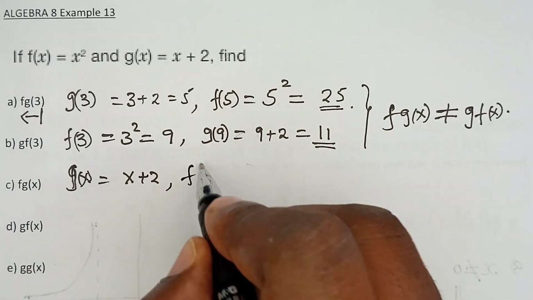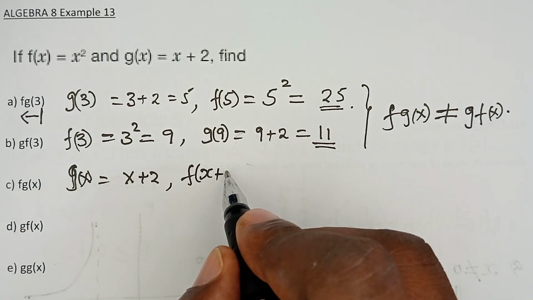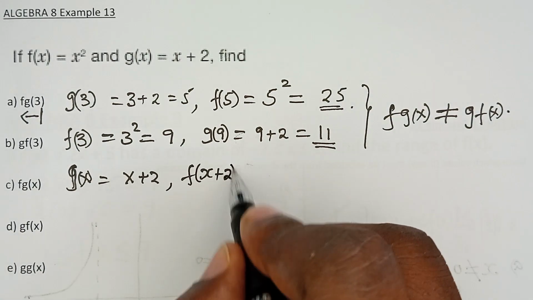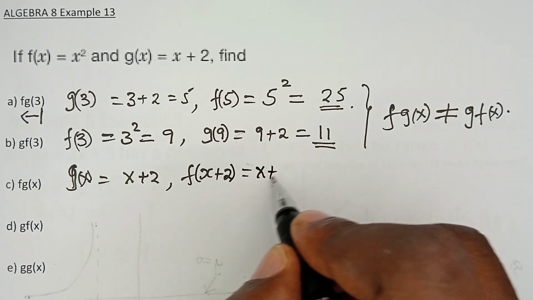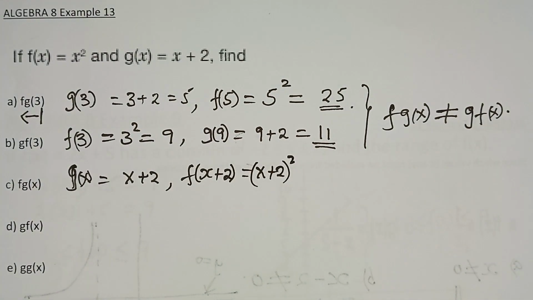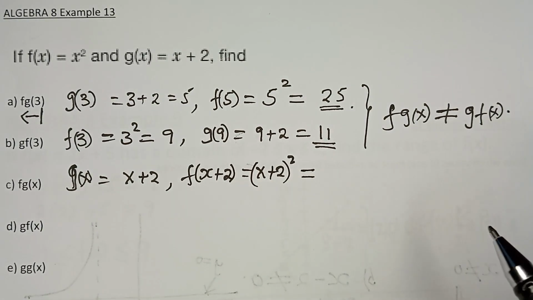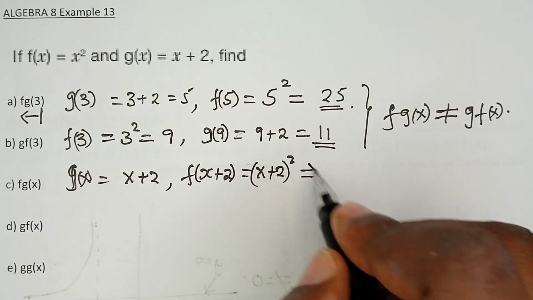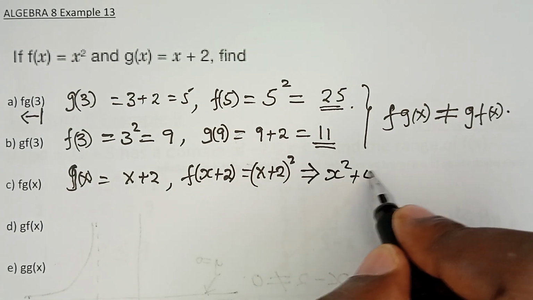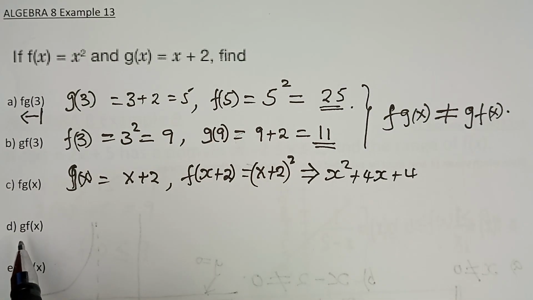It is now the f of the range of this, which is x plus 2 squared according to f. And (x plus 2) squared, you may want to expand that, but even if you leave it that way, it is still okay. If you want to expand it, you multiply the same bracket by itself, then you'll have x squared plus 4x plus 4. It is all right.